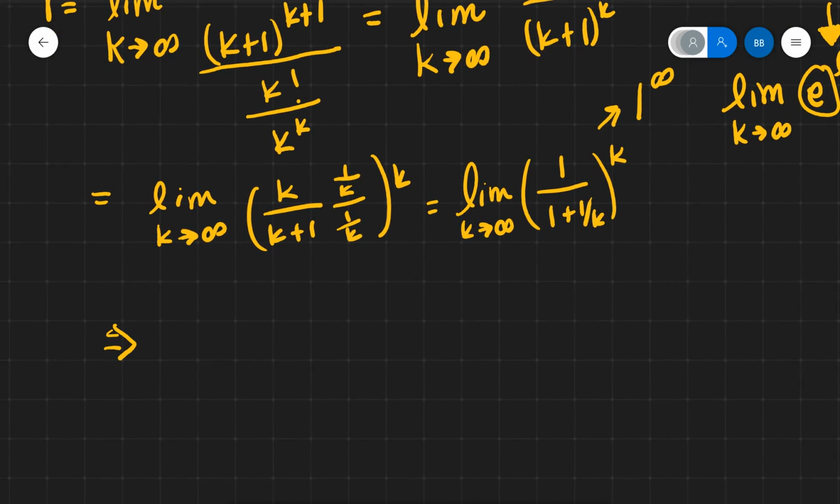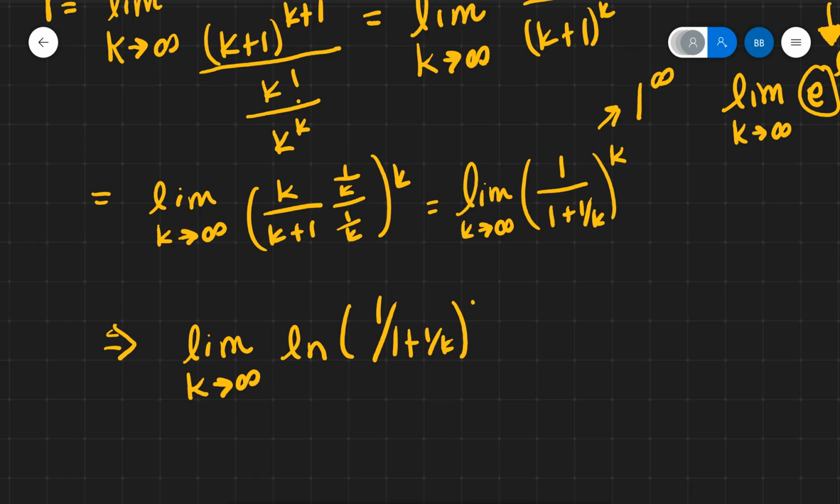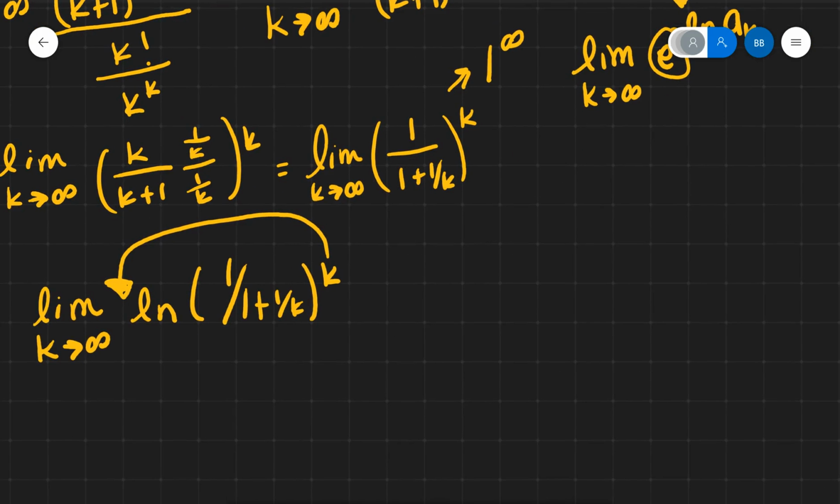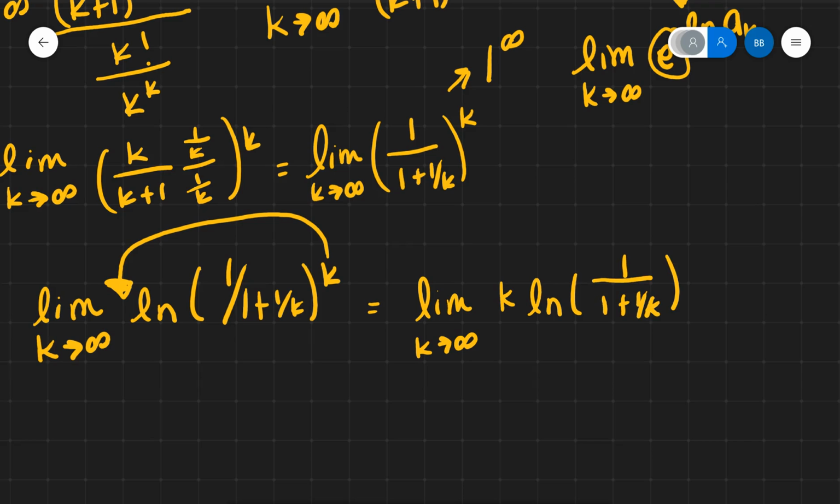So this implies that we have the limit as k goes to infinity of the ln of 1 over 1 plus 1 over k, to the k. Using the laws of logs, I can move this out. So that allows me to write the limit as k goes to infinity of k ln of 1 over 1 plus 1 over k.